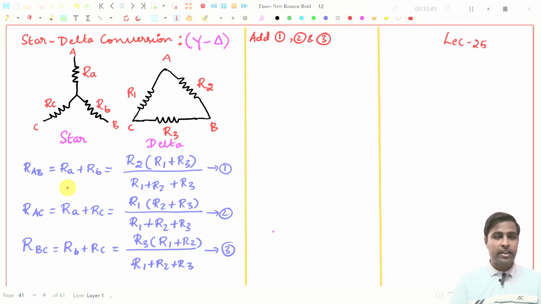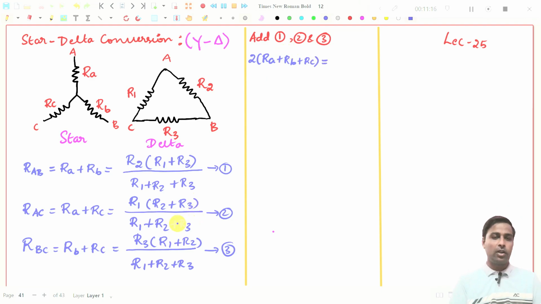What you will get? RA plus RB plus RC, you see there are two RAs, two RBs, and two RCs, right? If you add all these, obviously you will get 2 into RA plus RB plus RC, right? You will get like this.